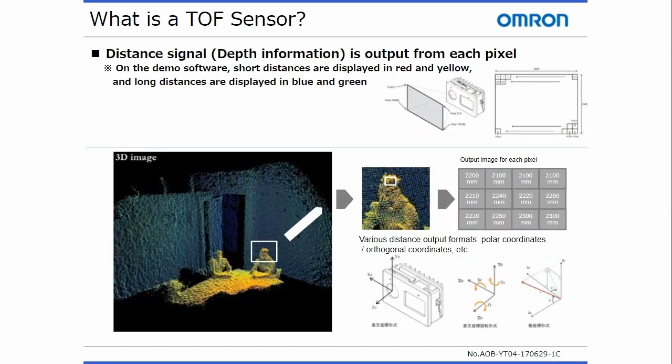The distance signal, or depth information, is the output from each pixel. The ToF sensor's pixel array uses customized CMOS sensors, allowing the module to have high speed and high sensitivity.